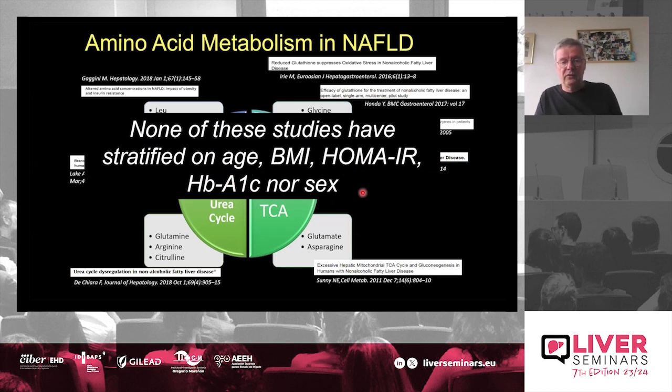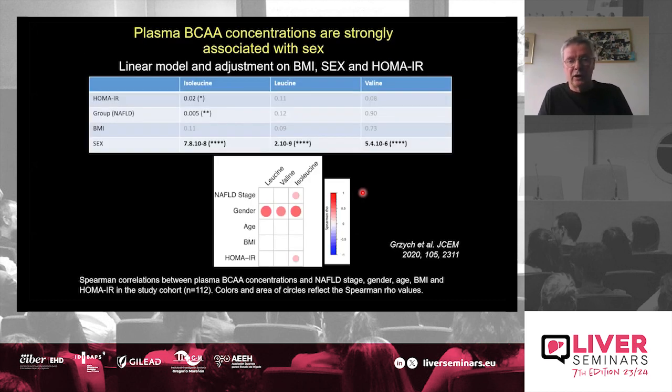It's quite surprising, because we know, for instance, that NASH co-segregates quite often with type 2 diabetes. And so if you don't stratify for that, you cannot conclude that whatever you measure is really related to the NASH component. And so I'll show you how you can get into wrong conclusions.